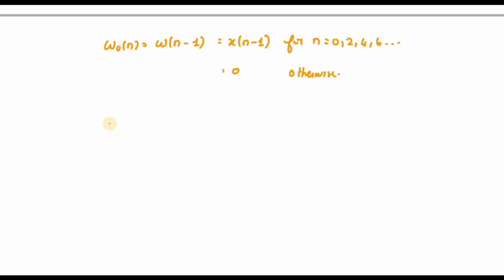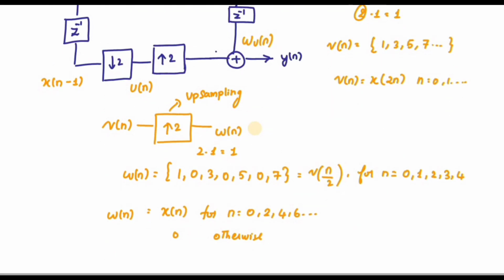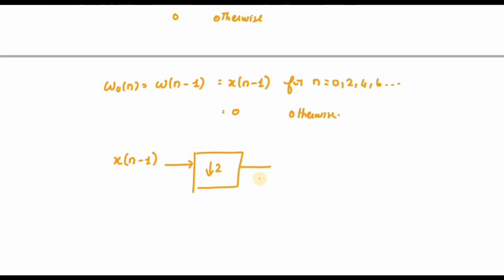So you have x of n minus 1, which is given to a downsampler by 2. So you will get the value of U of n. So what is my x of n minus 1?